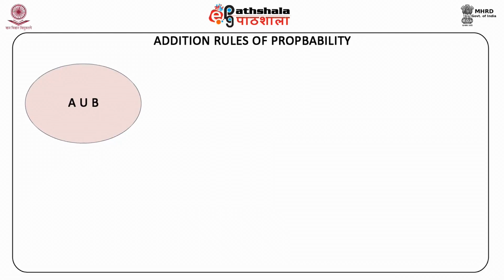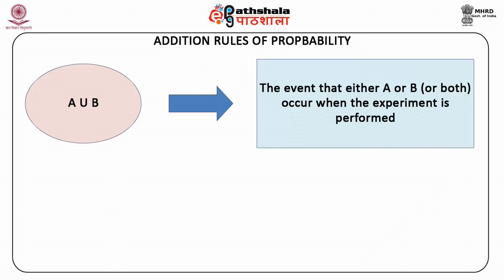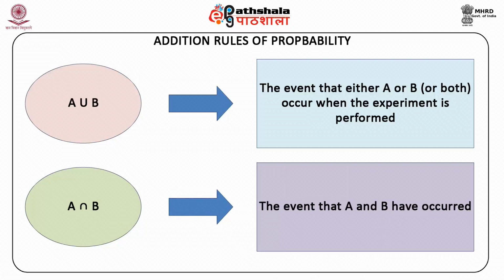Here, A union B denotes the event that either A or B or both occur when the experiment is performed. A intersection B denotes the event that both A and B have occurred. The addition rule in probability is a method of finding the probability of either or both of the two events occurring at the same time.